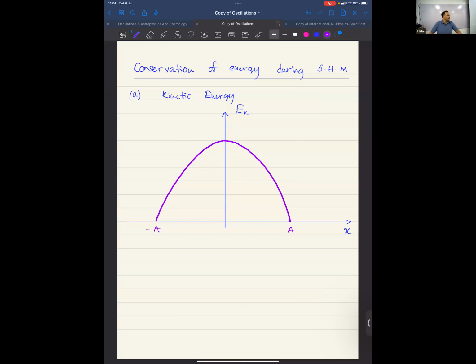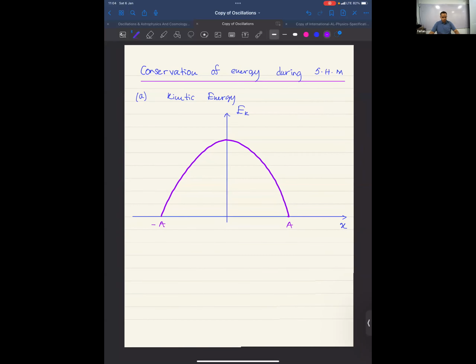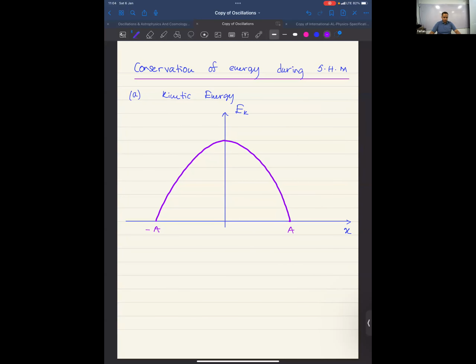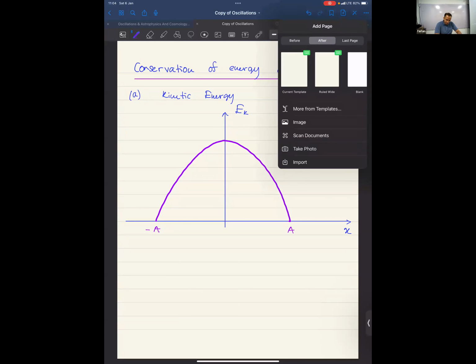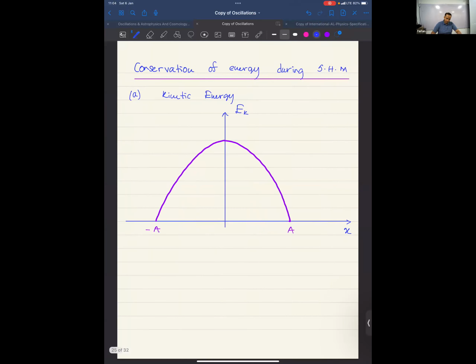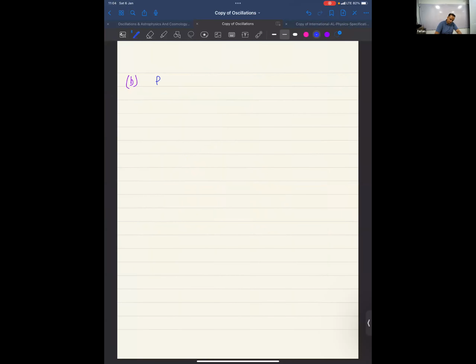Right? Done. And if you take the potential energy, it will be a graph like this.